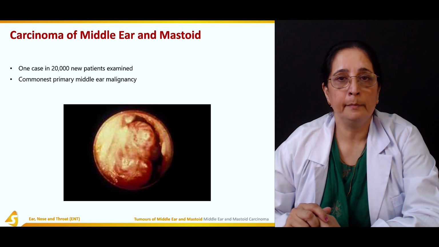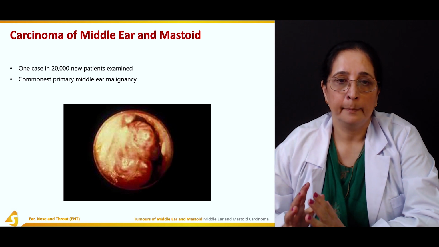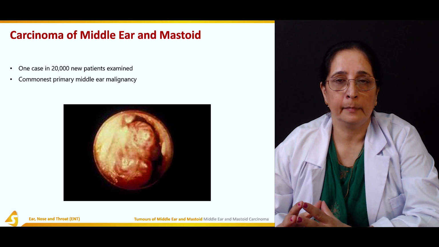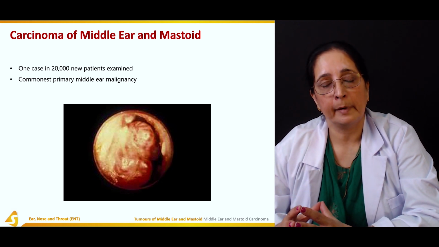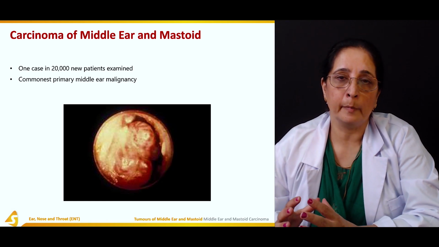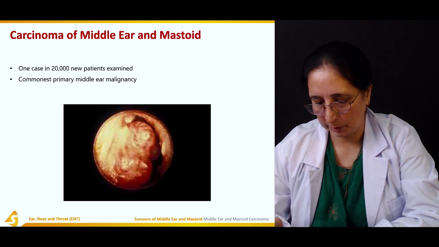So among primary middle ear malignancies, the carcinomas are the most common tumors of the middle ear or mastoid, like glomus tumor was the most common benign tumor of the middle ear and mastoid.